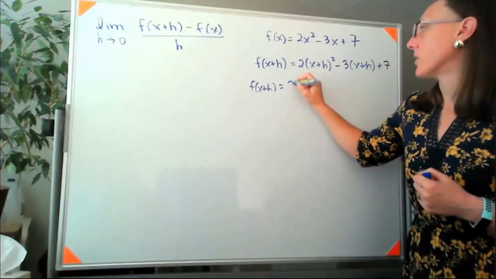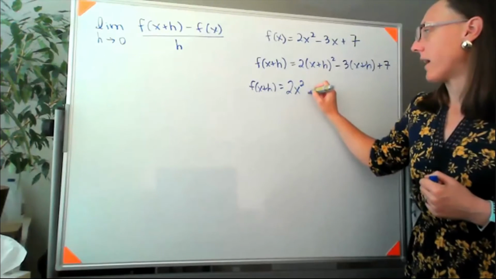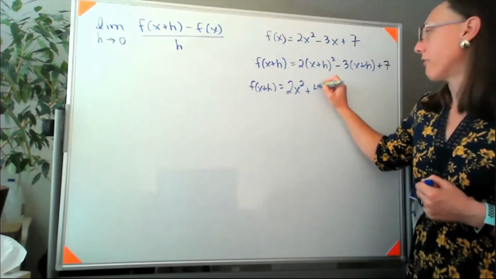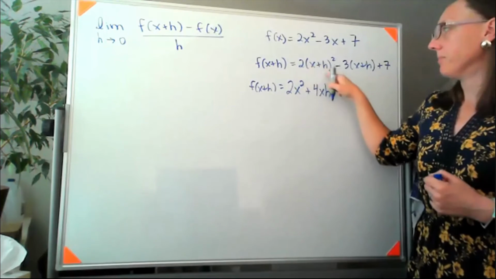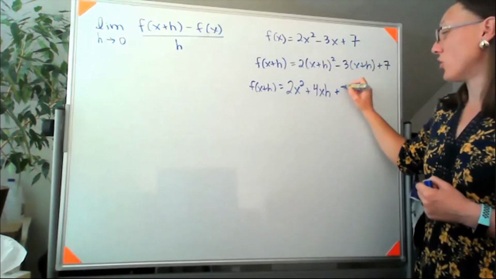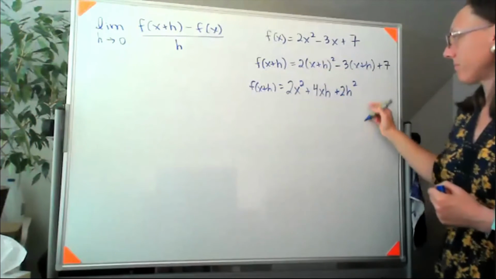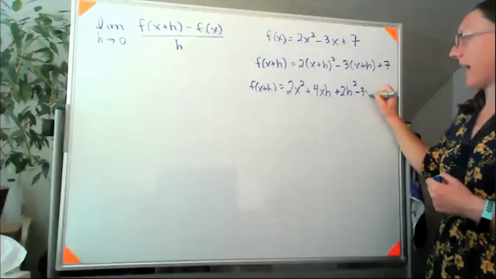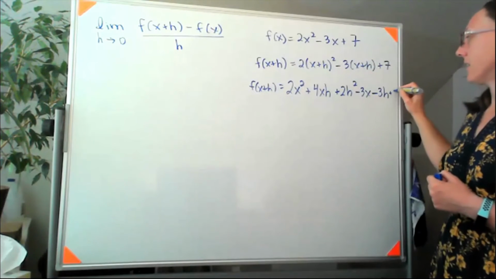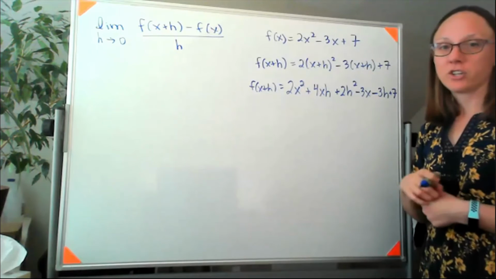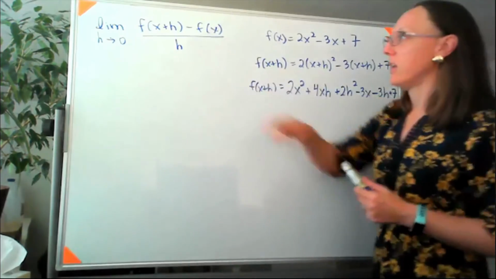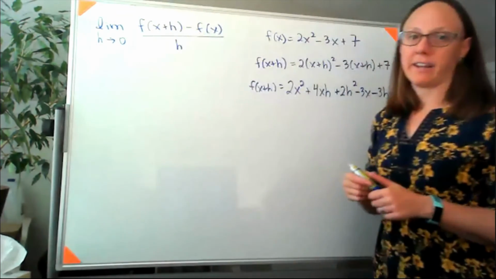So I would end up with 2x squared plus 2 times 2h, or 4xh, and then h squared, but again, multiplied by 2, so I'll have 2h squared. Then we're subtracting off a 3x, subtracting off a 3h, and adding 7. Good times. So this whole thing is what I'm plugging in for the f of x plus h part in our limit.